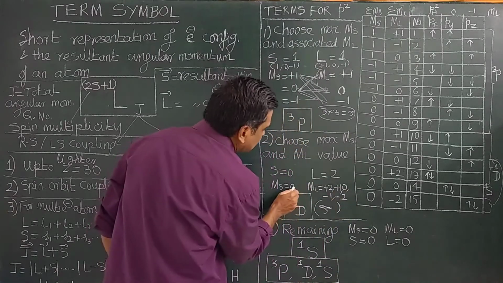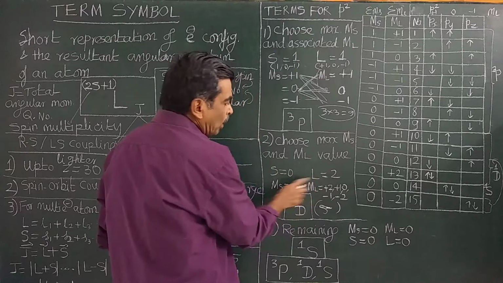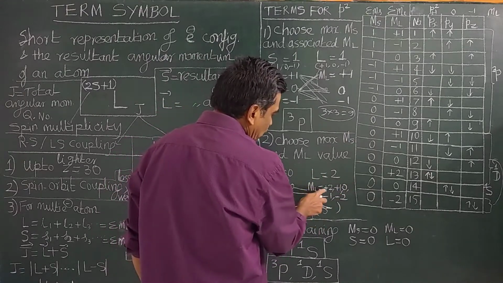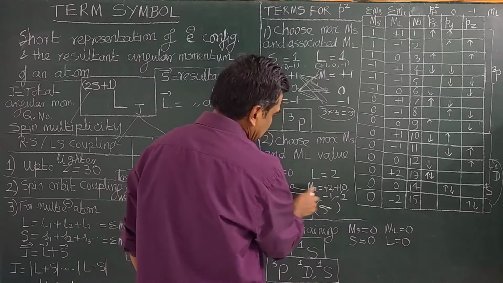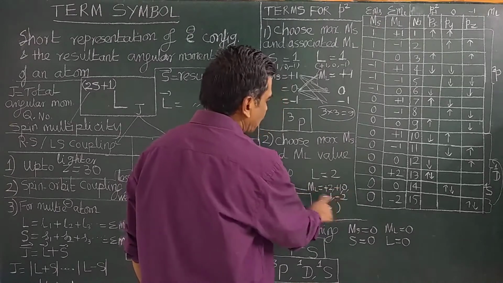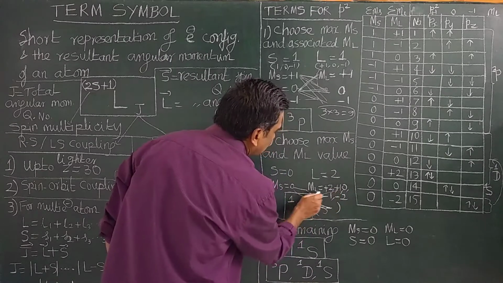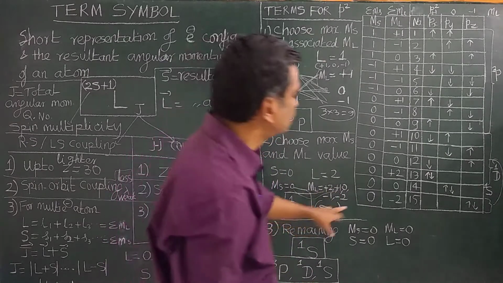Therefore, there are 5 combinations: Ms 0 with plus 2, Ms 0 with plus 1, and so on.